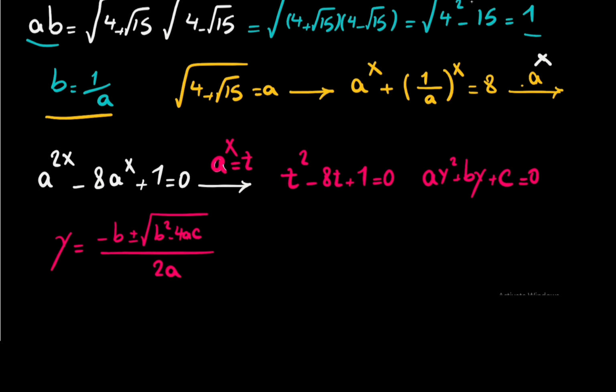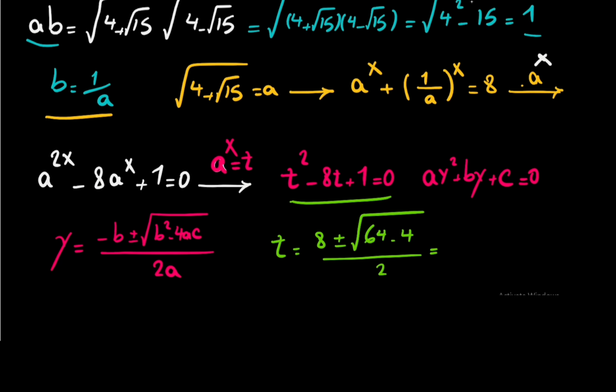I put the link of that video in the description. If you don't know, you can check. So according to this, t will be equal to negative b, that's 8, positive and negative square root of b squared, that's 64, minus 4, divided by 2.